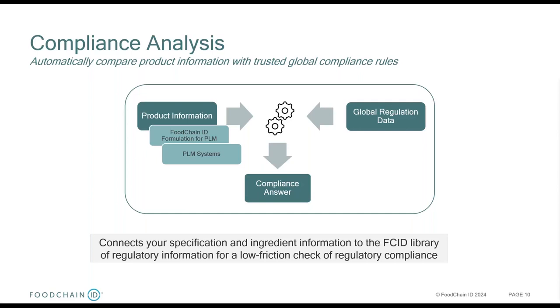At that point, compliance analysis is really just leveraging the rules in our regulatory assessment products to assess the composition that you send us and return a result for one or more recipes against all of the markets that were specified. And, as we're showing on this diagram, we work with a number of leading PLM partners to enable that compliance analysis integration from their products.